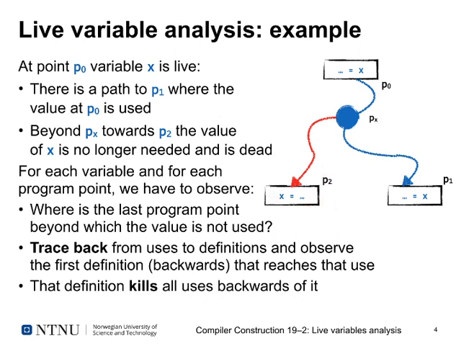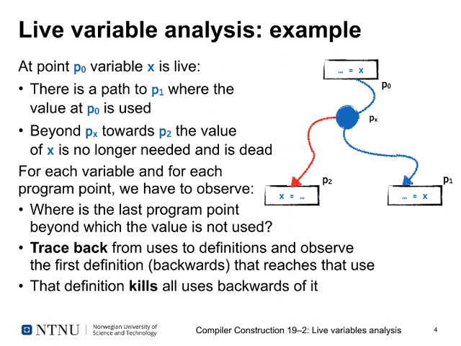So beyond px on the path towards p2, our value of x is no longer needed, so our value of x is dead here. And so for live variable analysis, we have to observe for each variable and for each program point where is the last program point beyond which the value is not used here.